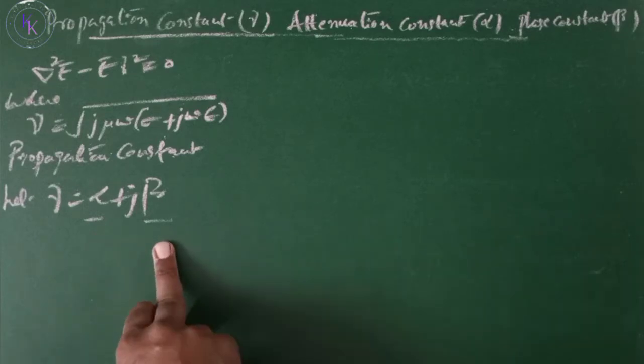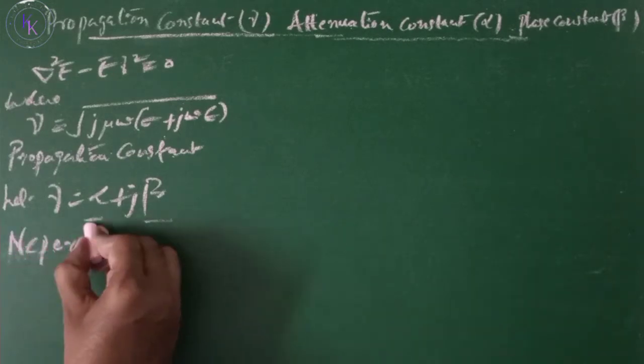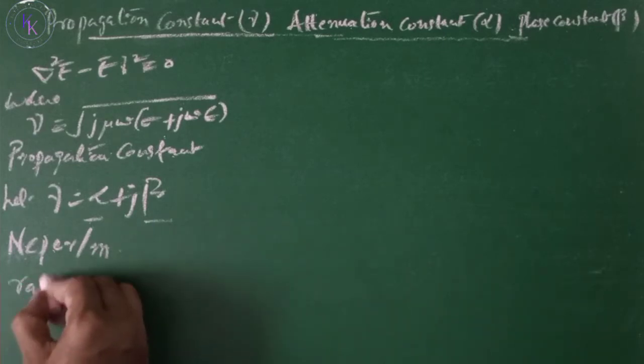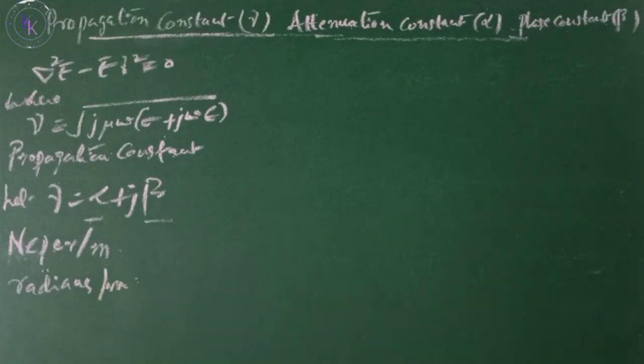And beta takes into account the difference in phase which occurs between the wave at the starting point and the wave at any other point at later times. Units of alpha is Napier per meter, and units for beta is radians per meter.